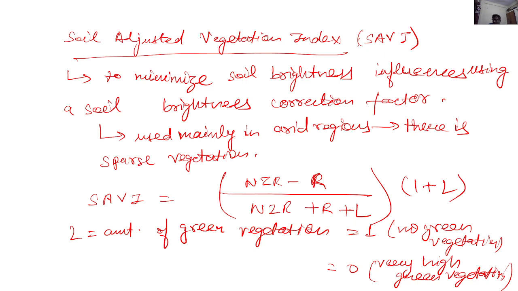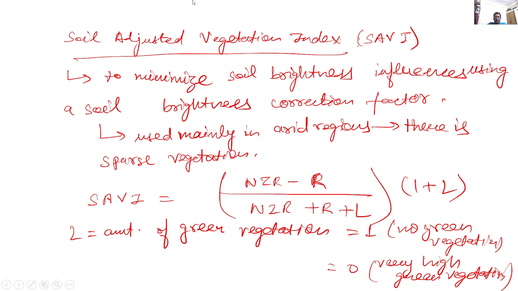So when L is 0, SAVI becomes nothing but NDVI. And that should be the case, because NDVI was defined for such scenarios only. So we are done with the SAVI discussion.